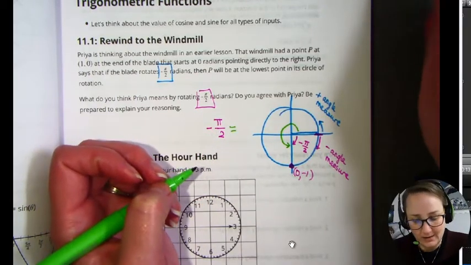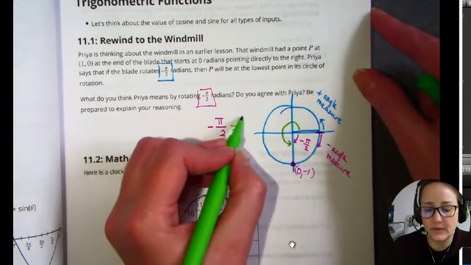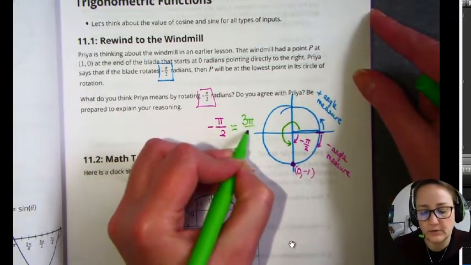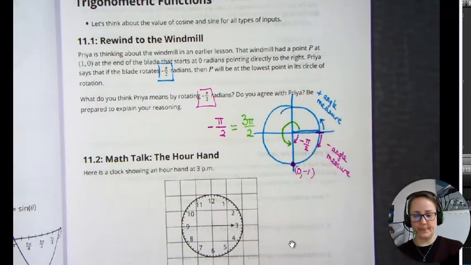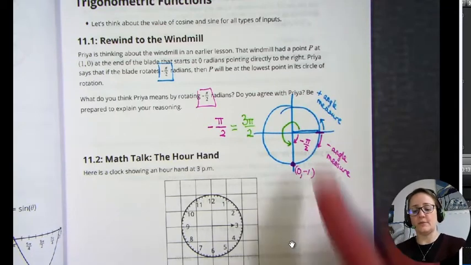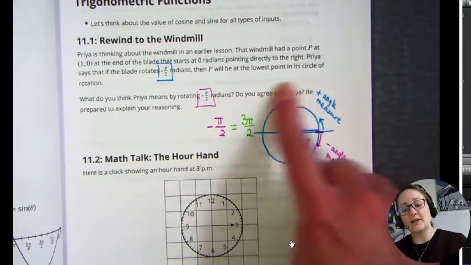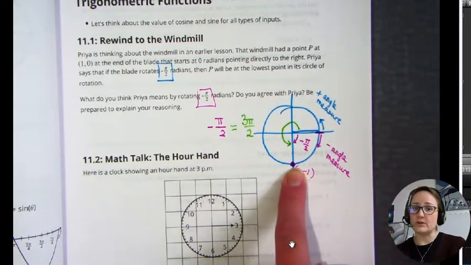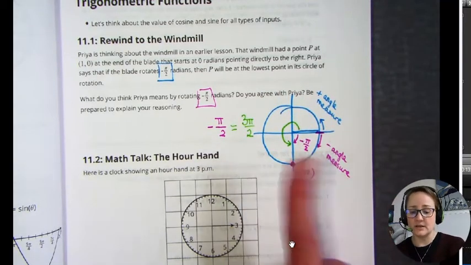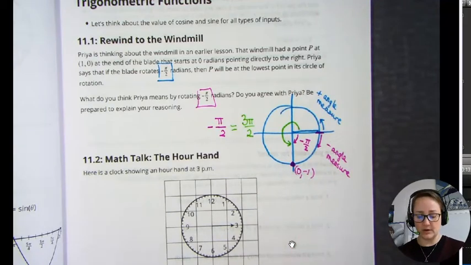It's the same angle as if we had done a positive 3 pi over 2. If you're asking yourself, well, how do I get there from a negative angle? If you have a negative, you could just add 2 pi to it and get through 1 full rotation and land back into a positive number.